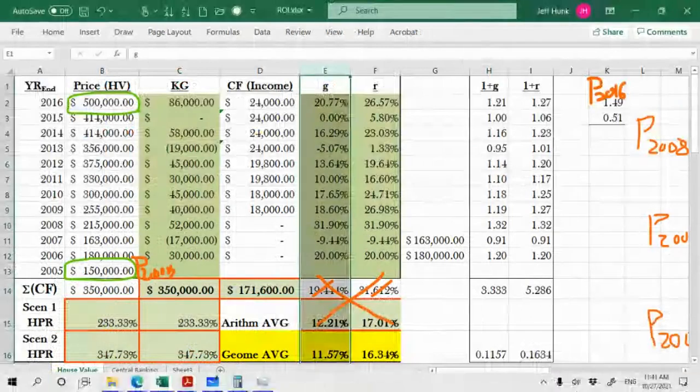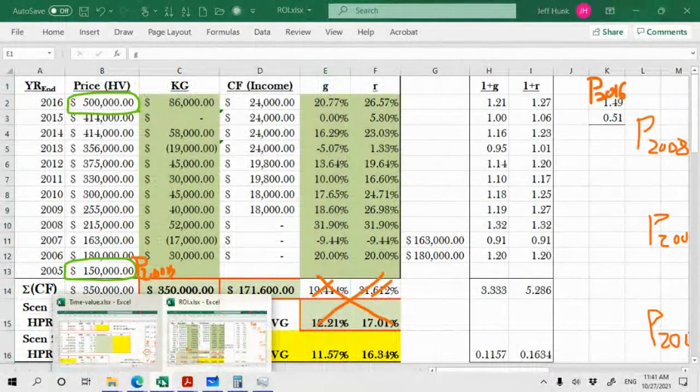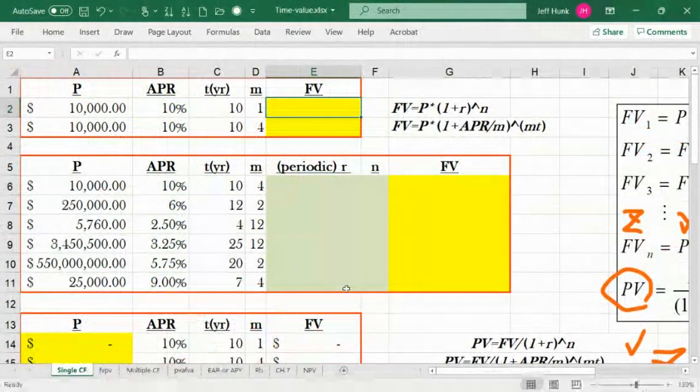So, we did this calculation with the calculator, but if you use the calculator, you have to enter the data every time. By using Excel, you don't have to enter the formula every time.